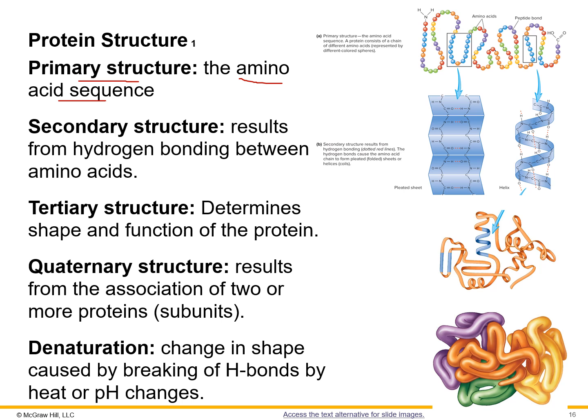So then this chain of amino acids over here is going to twist and bend using hydrogen bonding between those amino acids into different twists and bends, and that makes up our secondary structure. Then ultimately, each of those chains forms what's called the tertiary structure, or three-dimensional shape, and therefore function of the protein.